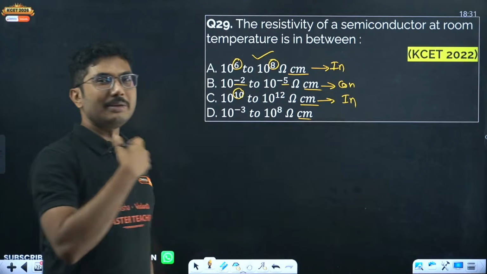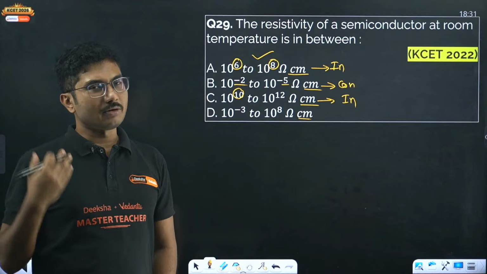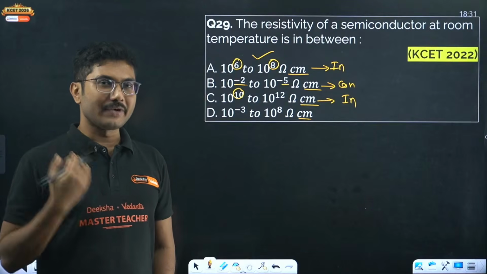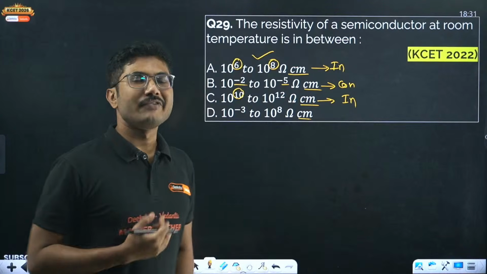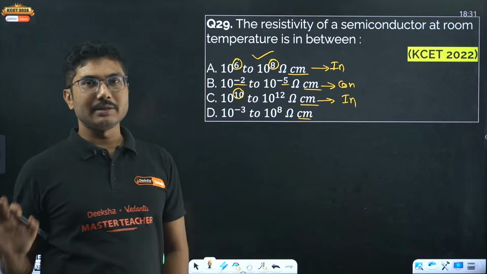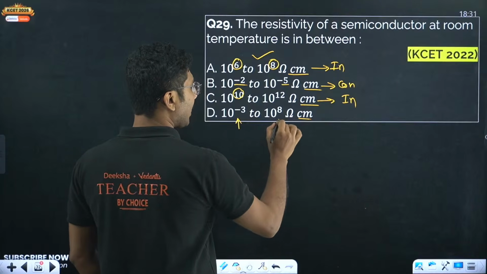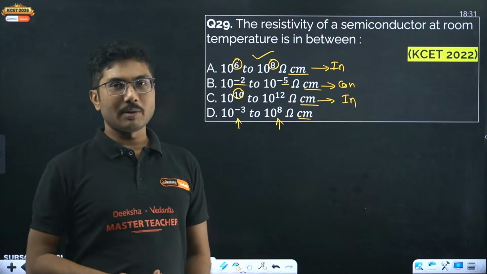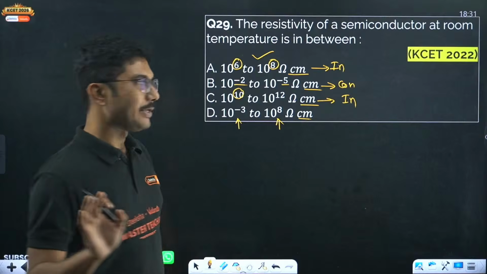You don't need to remember any values, and you don't need to convert units. You just understand the fact that insulators have very high resistivity and very low conductivity. Metals have very high conductivity and very low resistivity. Semiconductors are in between, so they will have one part negative and one part positive, in both resistivity and conductivity.